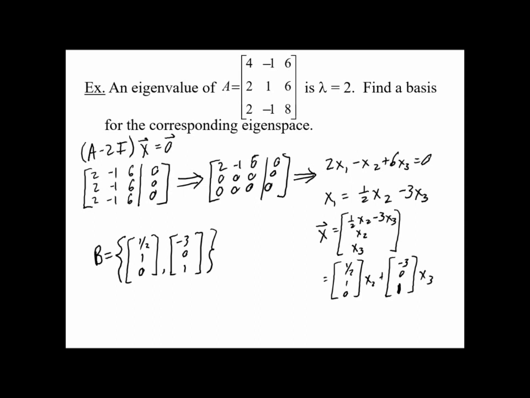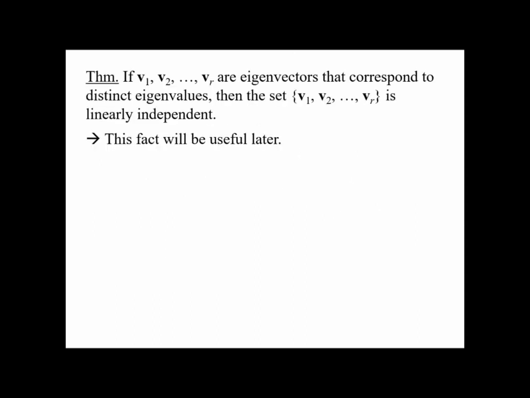Okay, some observations here. If we have a bunch of eigenvectors that correspond to distinct eigenvalues, so let me back up for a second. If we have a bunch of distinct eigenvalues and each one of them has an eigenvector, so v1, v2 through vr all correspond to distinct eigenvalues.